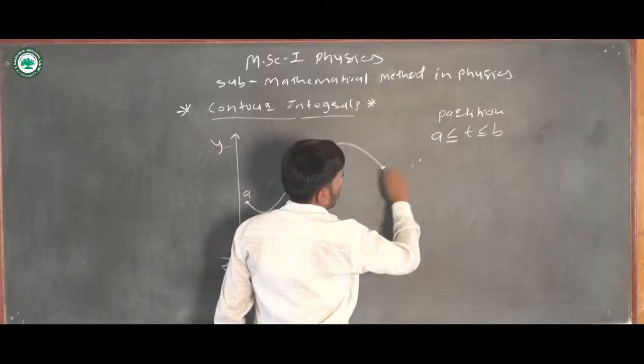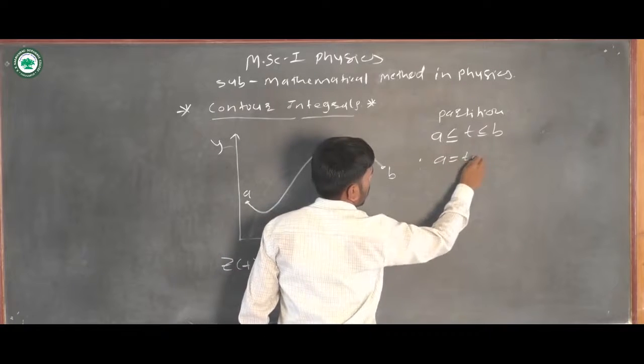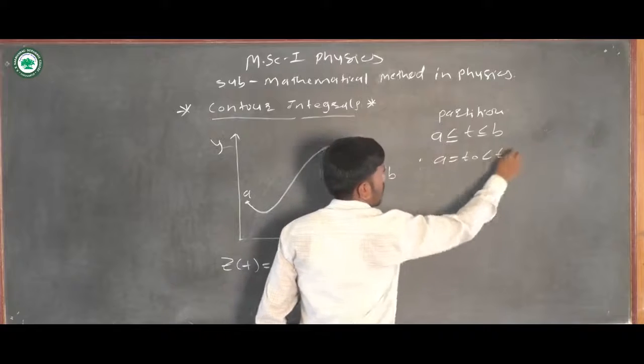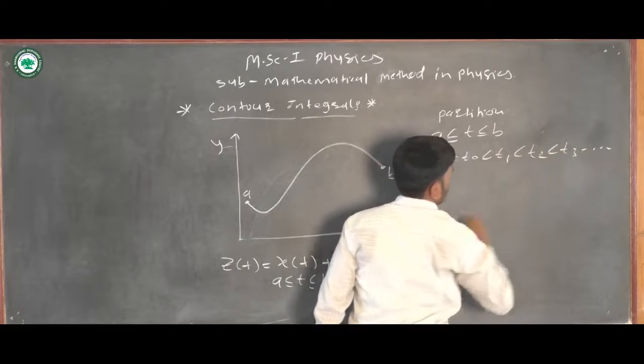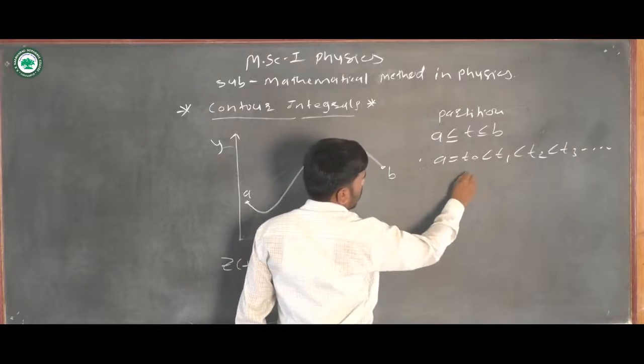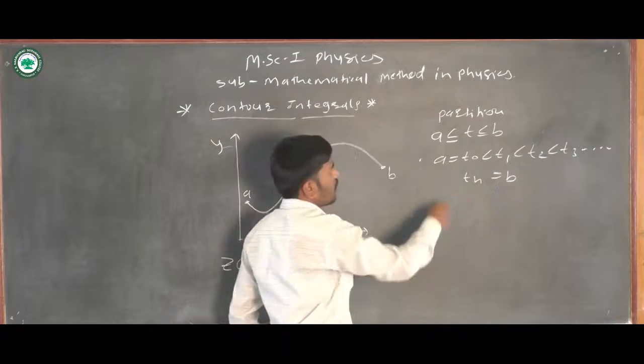If I write a is equal to t0 is less than t1 is less than t2 is less than t3, and so on, up to tn, and this is equal to b. Okay, these are the points.